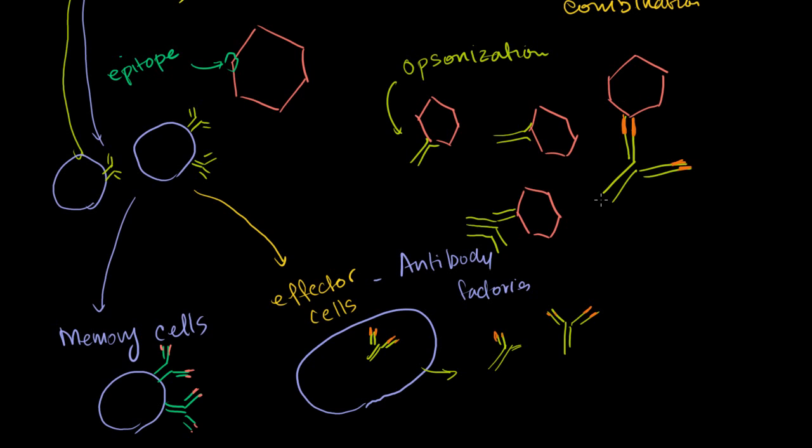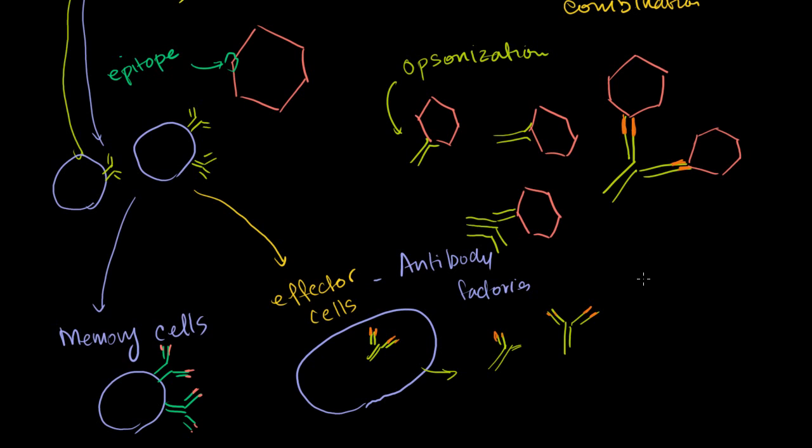So you can imagine what happens if this guy bonds to one epitope and this guy bonds to another virus. Then all of a sudden these viruses are kind of glued together, and that's even more efficient. They're not going to be able to enter cell membranes, and they're perfectly tagged. They've been opsonized so that phagocytes can come and eat them up.